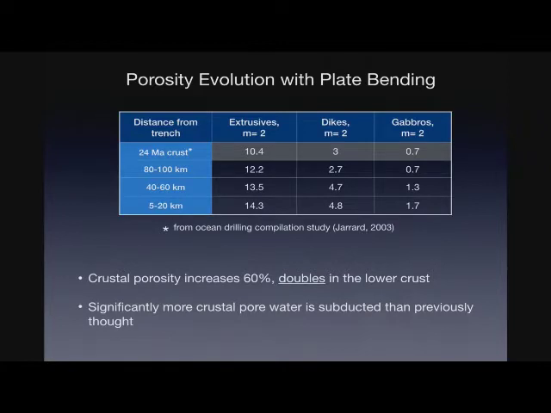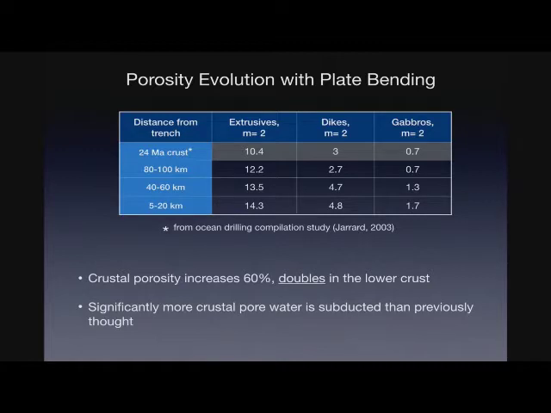So looking at the crustal structure, Samer took all those porosities and then divided them up into different bands, or different distance bands from the trench axis. And so this is to try and map the evolution of porosity as the plate comes in and it starts getting bent and the fault fabric forms. And we can compare those predicted porosities with porosities measured from an ocean drilling compilation published by Gillis in 2003.